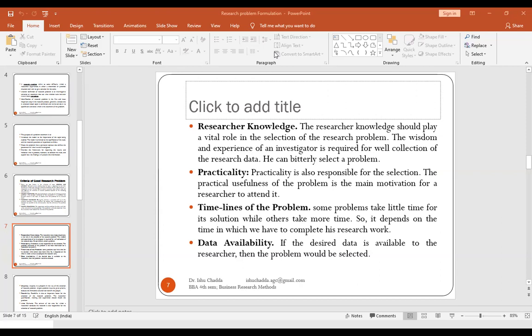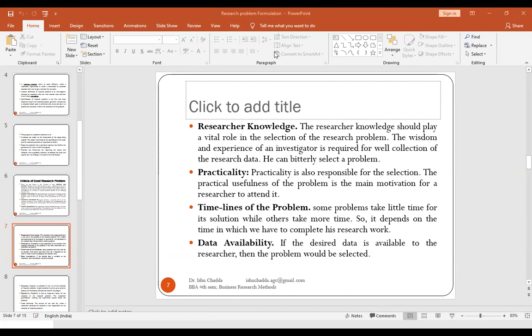Practicality is also responsible for selection. The practical usefulness of the problem is the main motivation for the researcher, along with the intended timelines of the problem. Some problems take little time for their solution, while others take more time. So it entirely depends upon the time in which we have to complete the research work.